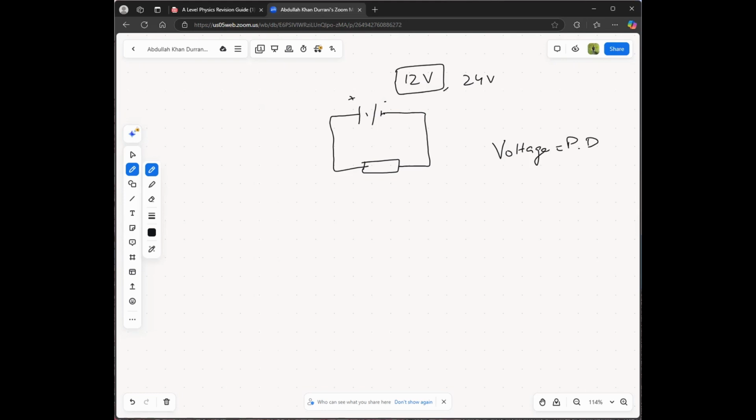EMF and potential difference are in a sense the same thing. So EMF, which is denoted by this symbol, is actually electromotive force.